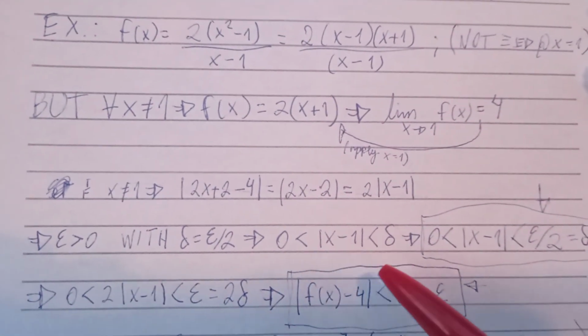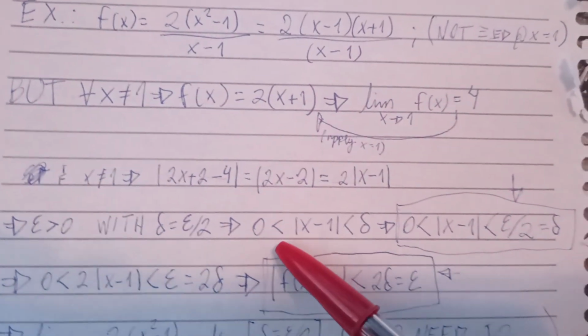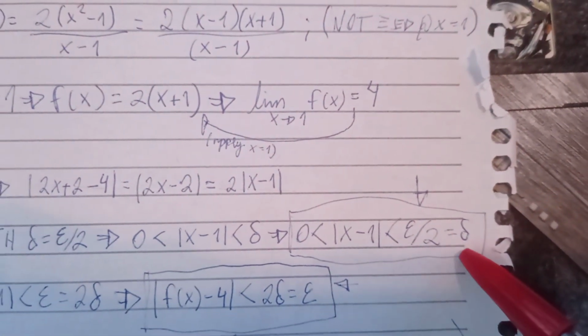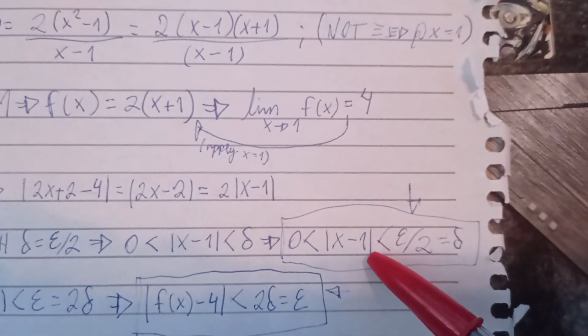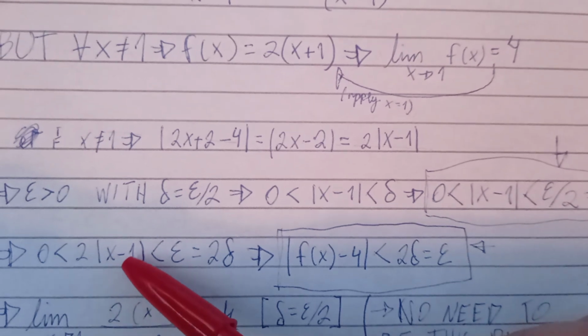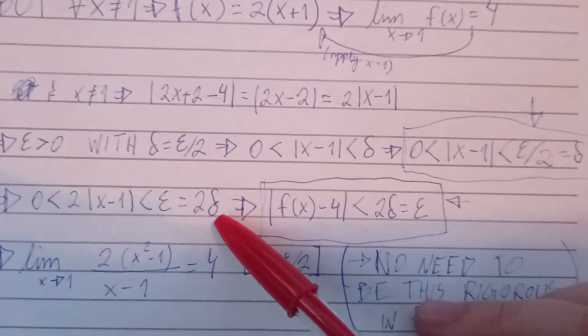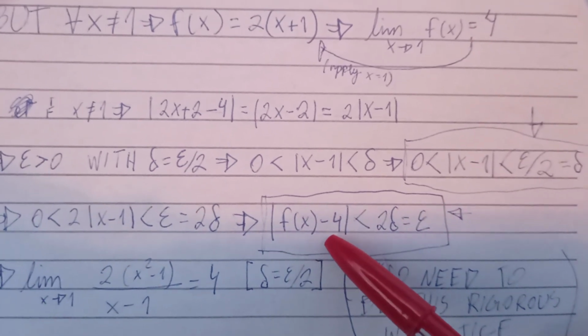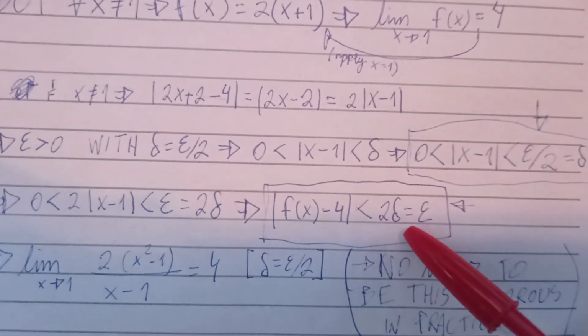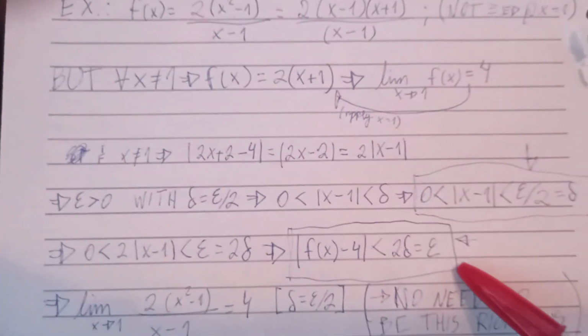This will mean that delta is bigger than the absolute value of x minus 1, which is bigger than 0, which implies that epsilon divided by 2, which is equal to delta, is bigger than the absolute value of x minus 1, which is bigger than 0, which means that epsilon is bigger than 2 times the absolute value of x minus 1, which is bigger than 0, and epsilon is equal to 2 delta, which means that the absolute value of f of x minus 4 is smaller than 2 delta, which is equal to epsilon, and we have this exact structure.